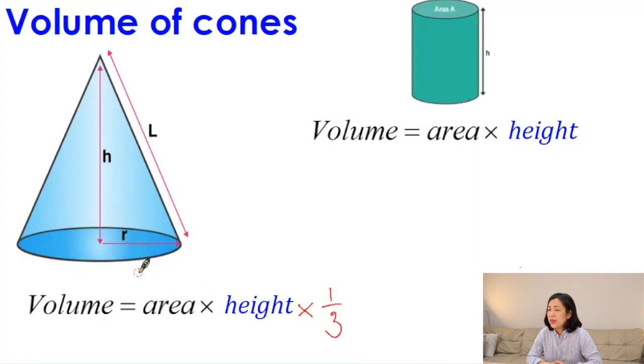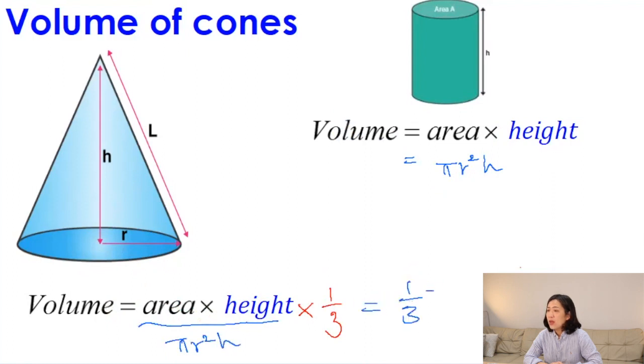So 1/3 of the volume of the cylinder will be the volume of the cone. Now we know that the volume of a cylinder is pi r squared h, so the formula for the volume of a cone will be 1/3 of pi r squared h.